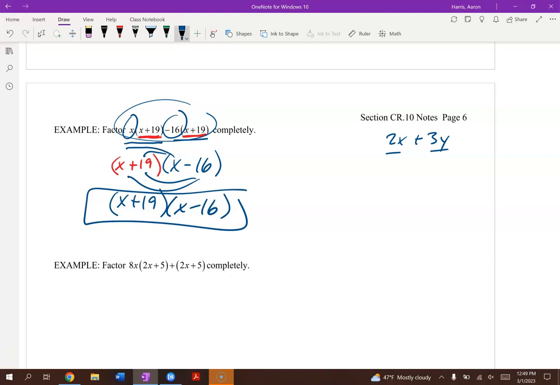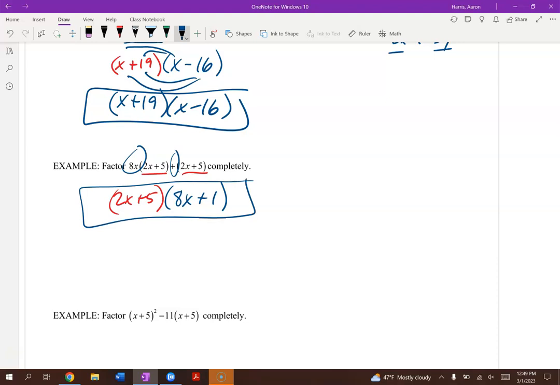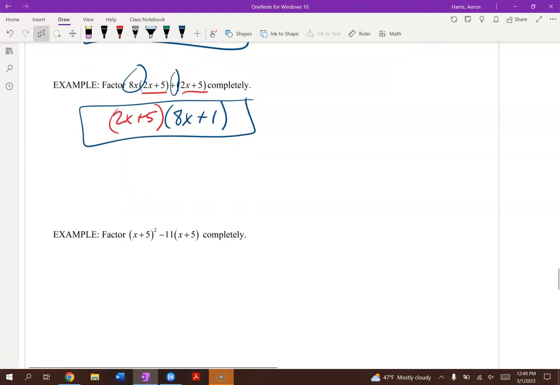This next one down here, what do they both have in common? Good, so I take that out of both, and I'm left with what? Plus 1, yeah. This one's got 2 of these x plus 5s. Maybe I'll write it out like that.